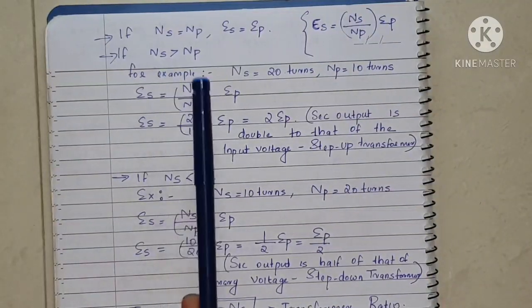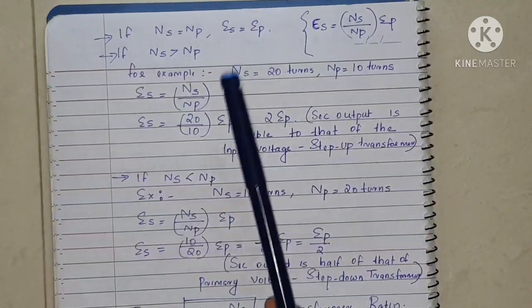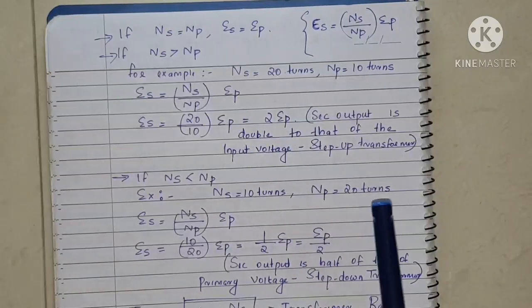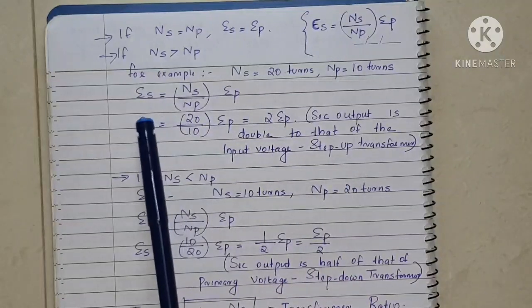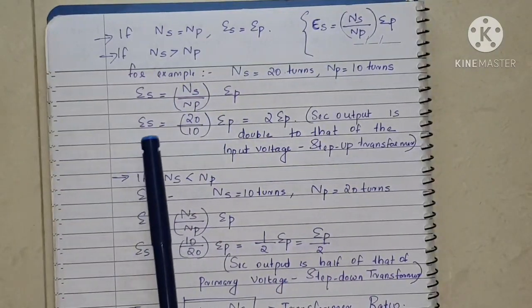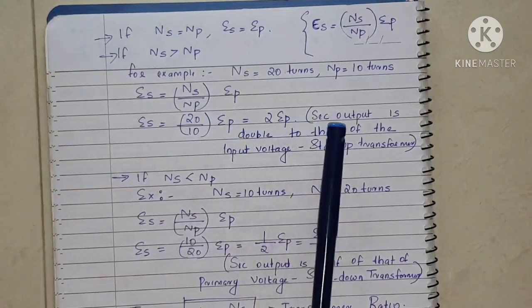If NS is greater than NP, that is, the secondary turns are greater than the primary turns, for example, let us take NS as 20 turns and NP as 10 turns. According to this equation, ES equals NS by NP into EP. We can write VS or ES as 20 by 10 EP, which is equal to 2 EP.